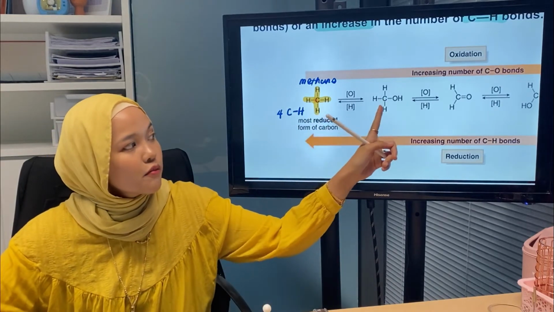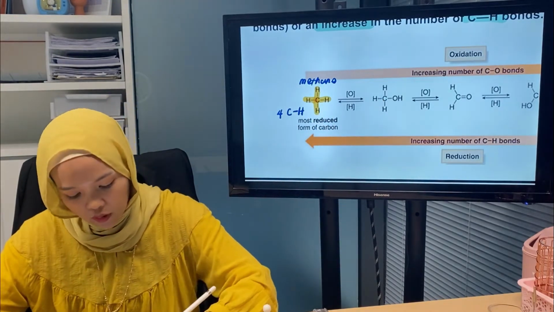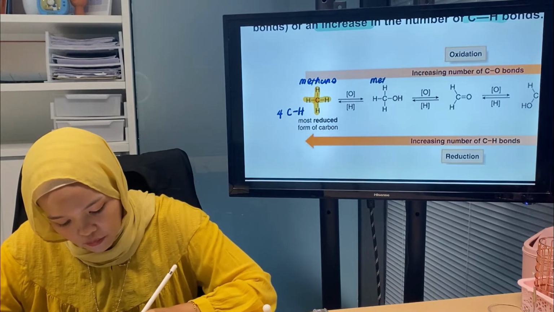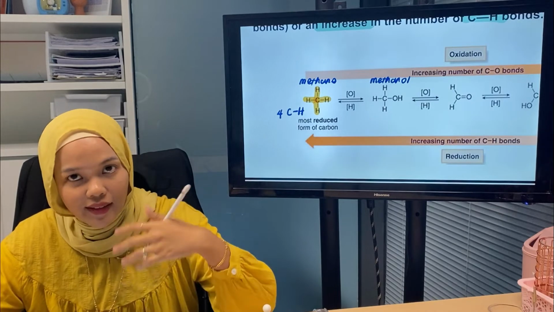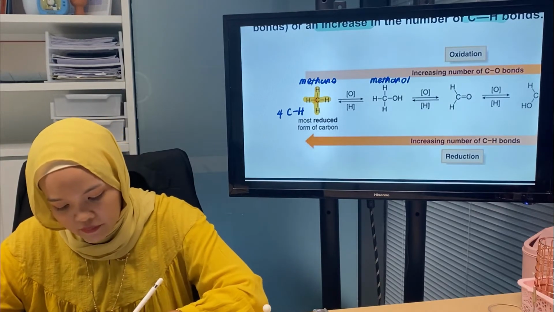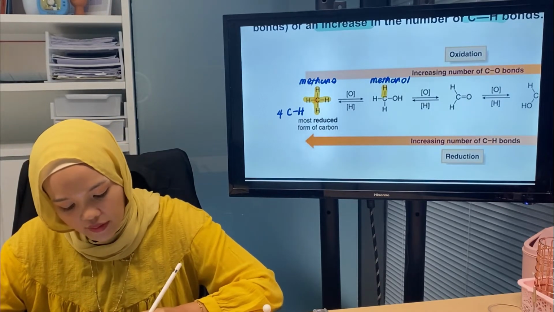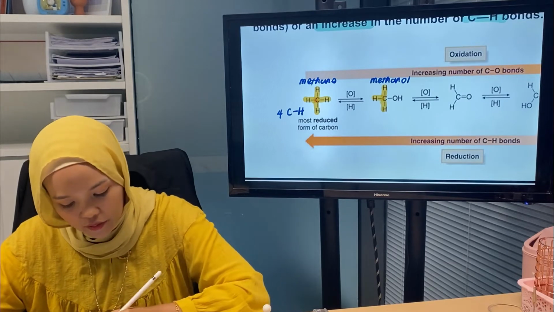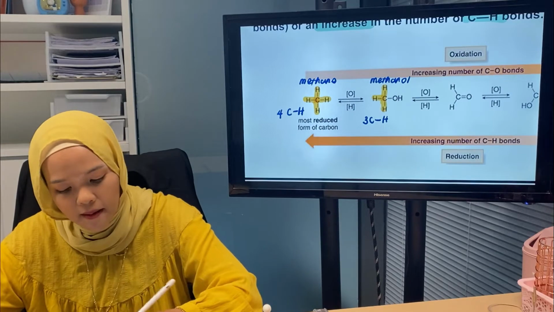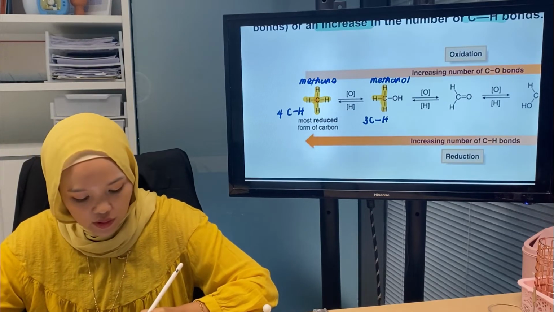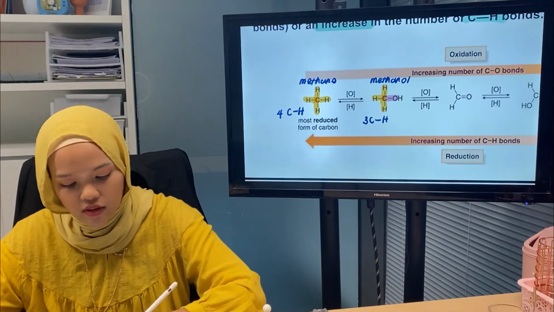Now it has produced methanol. Look at the carbon: around the carbon you have 3 carbon-hydrogen bonds and 1 carbon-oxygen bond.